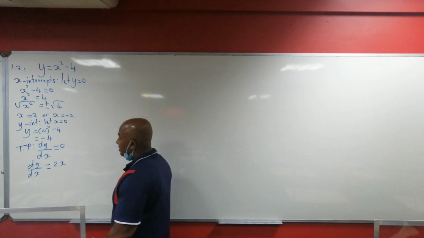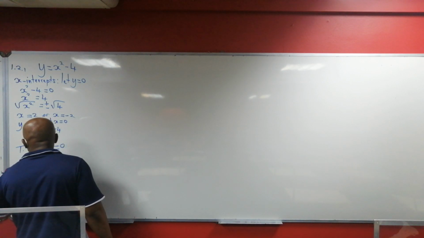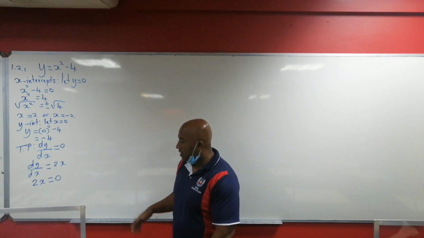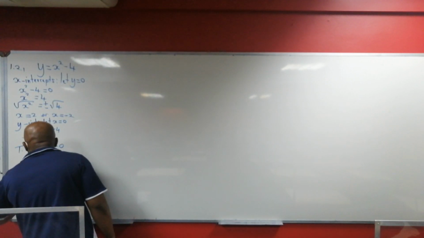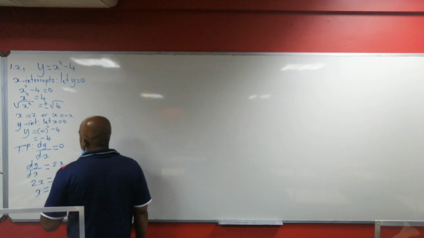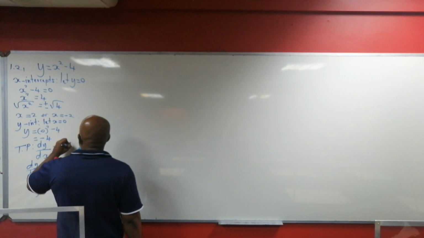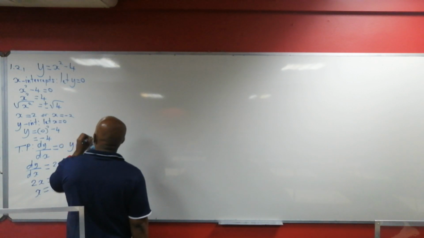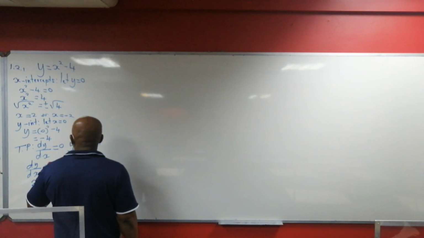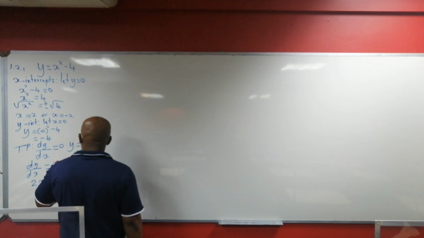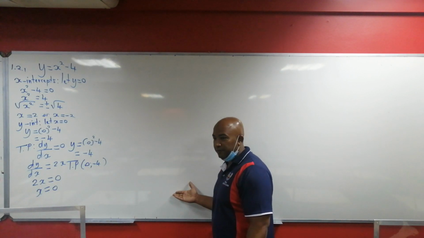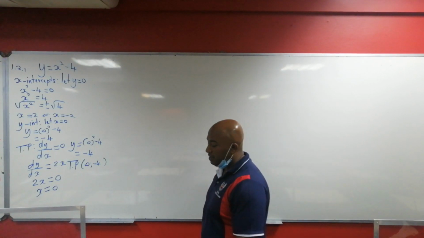Then you make 2x equal to 0. You're clear with that? And then you solve for x. x is equal to 0 over 2, which is 0. Substitute the x value of the turning point into the original equation, and then you get -4. This all can be done very fast. So it's x-intercepts, y-intercept, turning point.